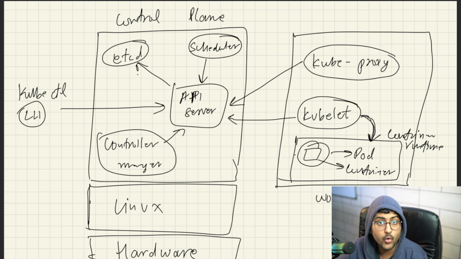If it cannot do it, it will just report back to the control plane, saying, hey, I can't schedule it on me, please do something else. Then the API server will work with the scheduler and controller manager and say, okay, this particular worker node is not able to schedule it, let's do something about it. Okay, so that's kubelet.